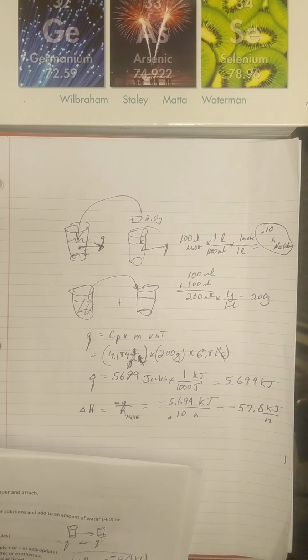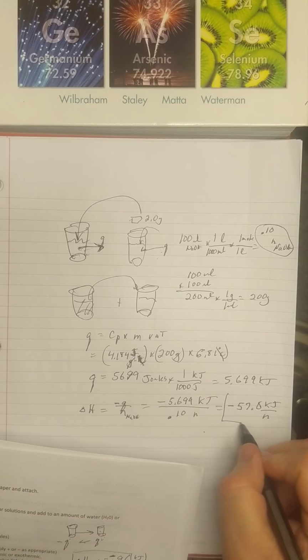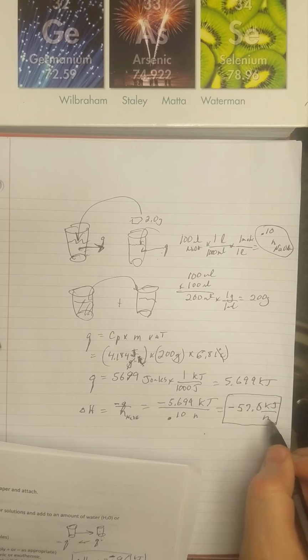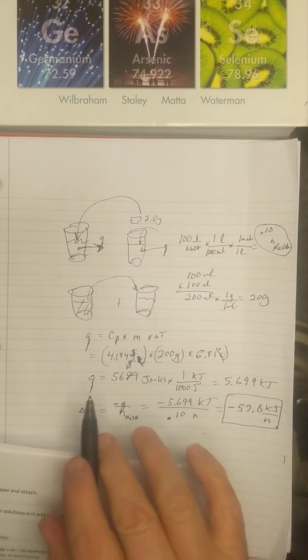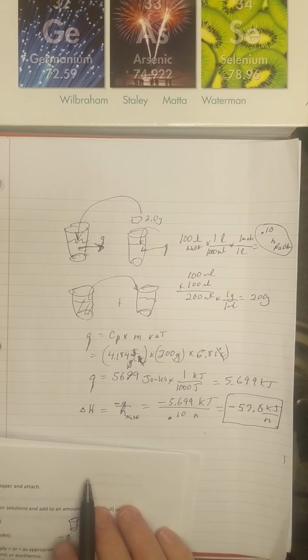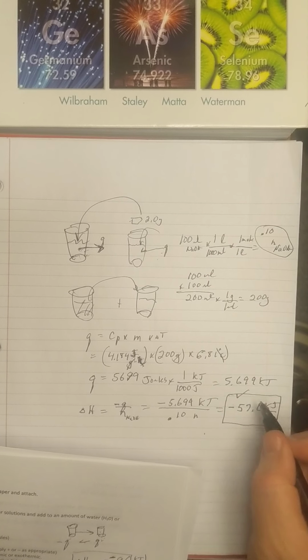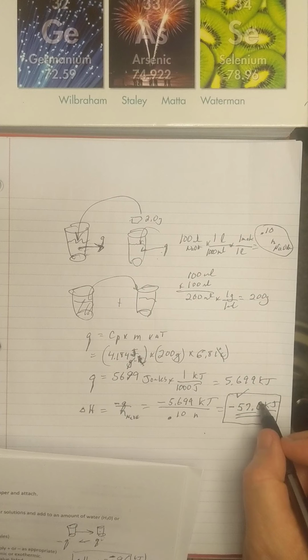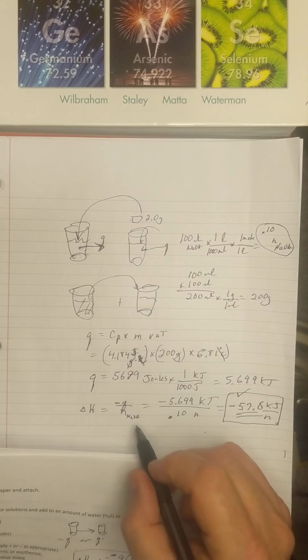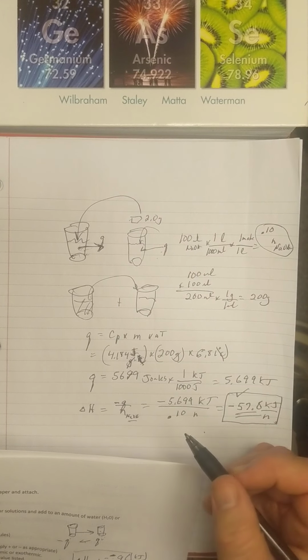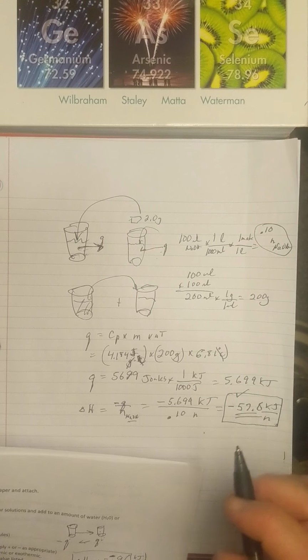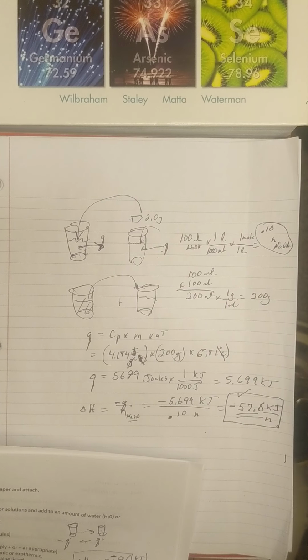I should add, it's not just dissolving NaOH. You have HCl reacting with NaOH, so that's for an overall reaction, not just sodium hydroxide. Okay, that's pretty much the lab calcs.